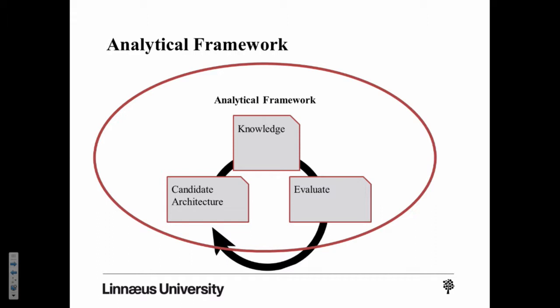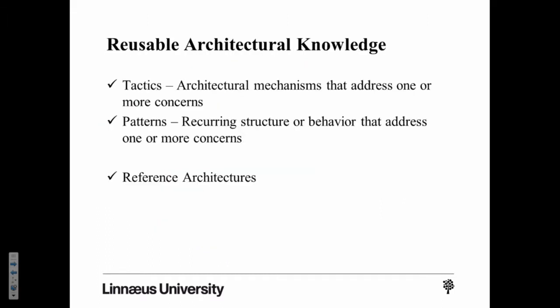But now we need to package that knowledge in some kind of attractive, reusable format. And if you go through the literature in software architecture, you will find 3 types of architectural knowledge. 3 types of reusable architecture knowledge.